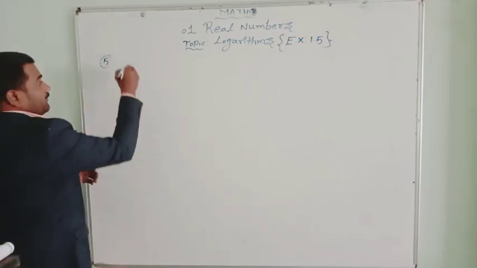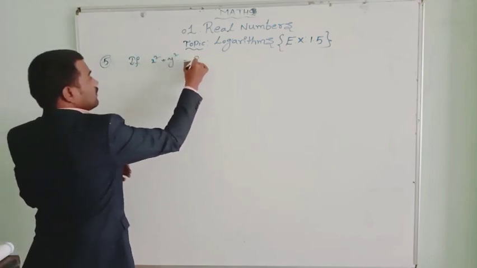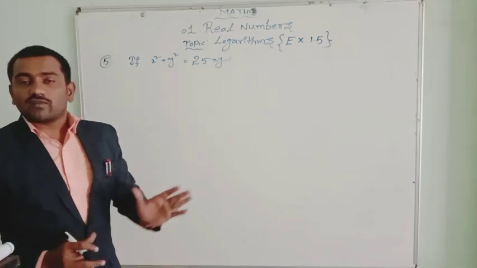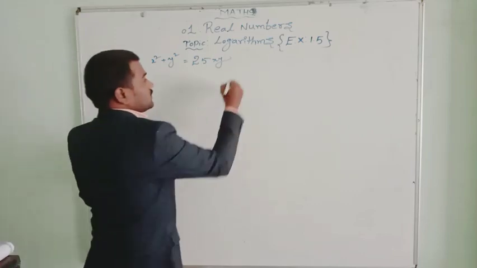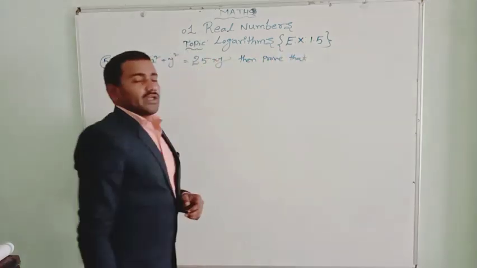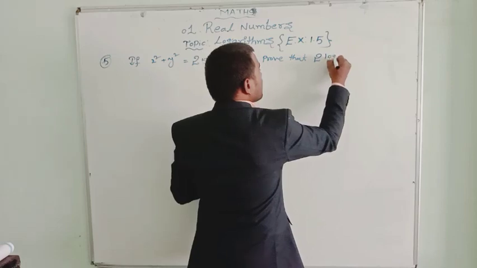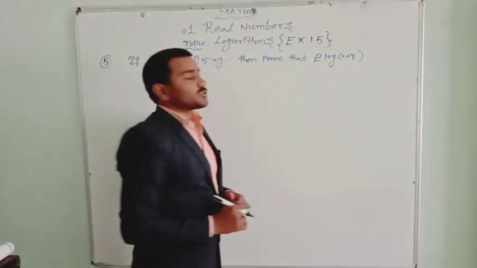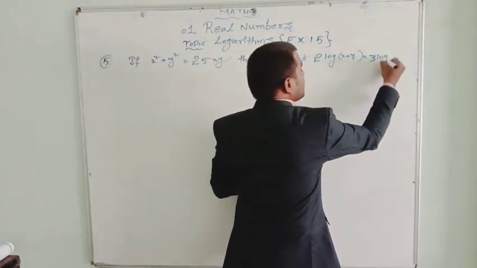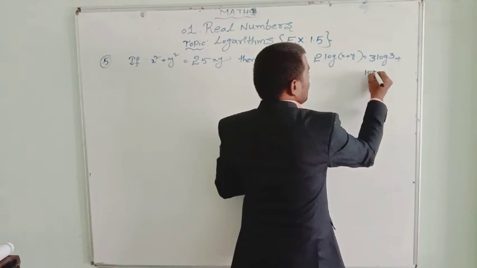The 5th question is that if x square plus y square equal to 25 xy, then we need to prove that 2 log x plus y equal to 3 log 3 plus log x plus log y.